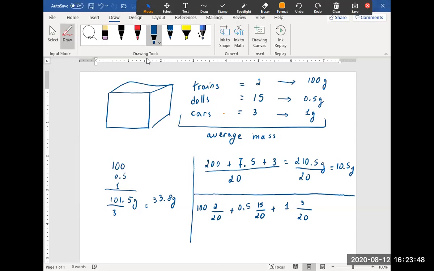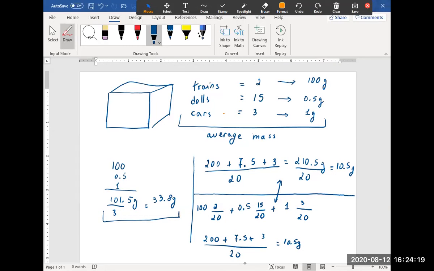Okay, so this means I did a 200 plus this multiplication here, which is the 7.5, plus the 3 times 1 divided by 20. Okay, which is exactly what we have here, which is the 10.5 grams.